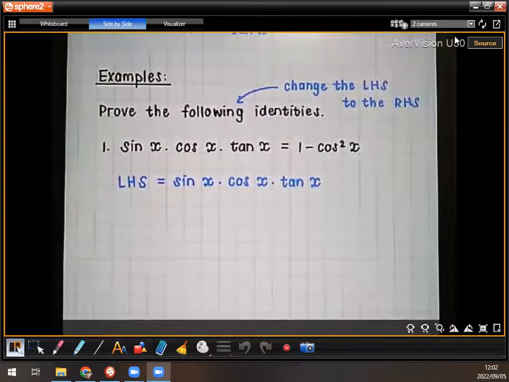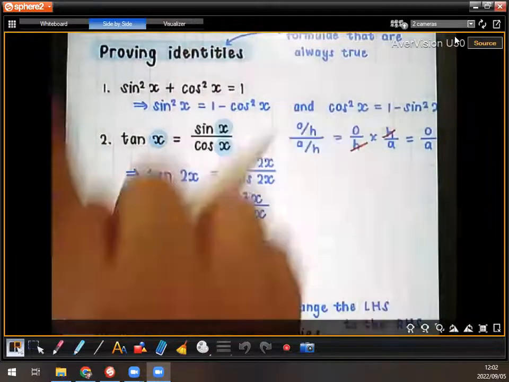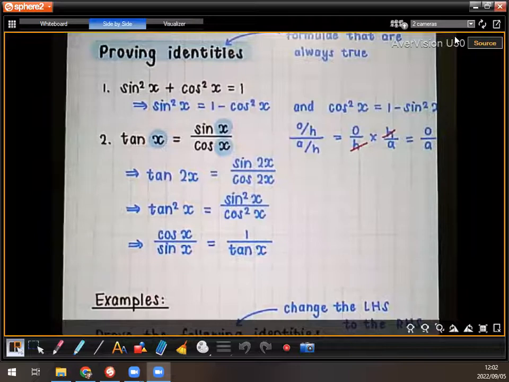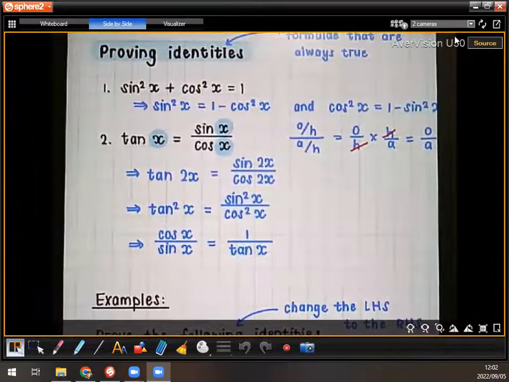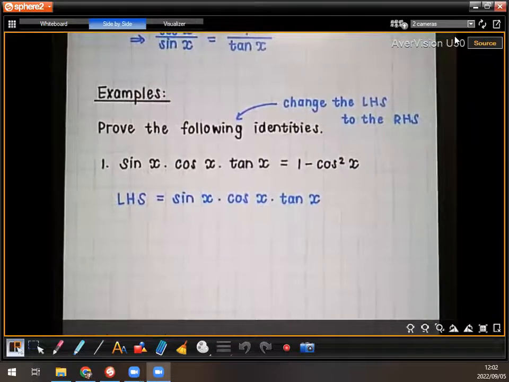Does anyone have an idea? What can I do? Now we need to use these identities that we've written down here. We need to change whatever we have on our left-hand side using these identities. So what do you think, guys? What about that tan? What can I change tan x to? Tan x is the same as sin x over cos x.